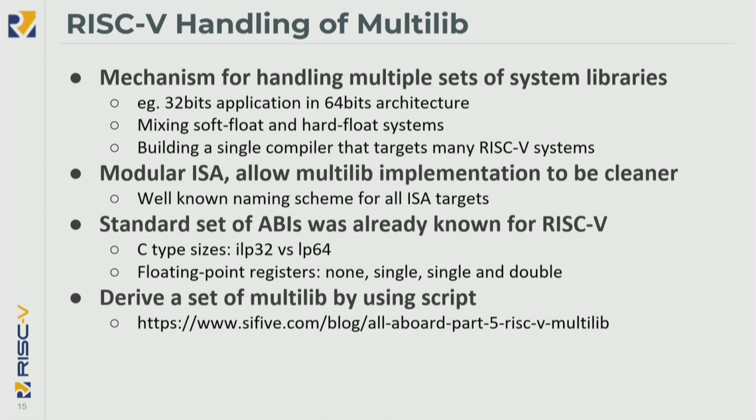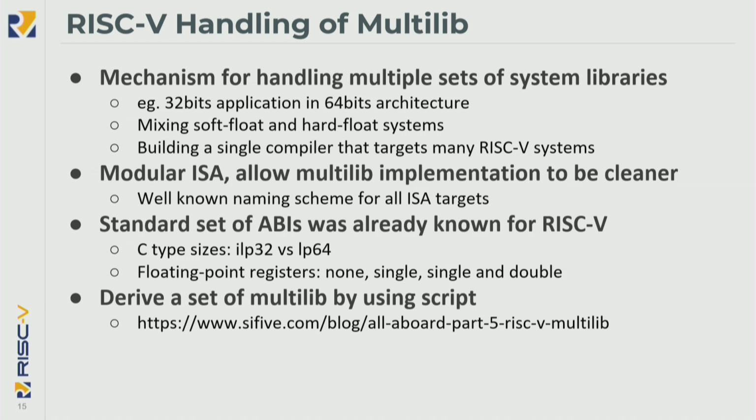A standard set of ABIs is also already known for RISC-V, like in the case of C types, either ILP32 or LP64.